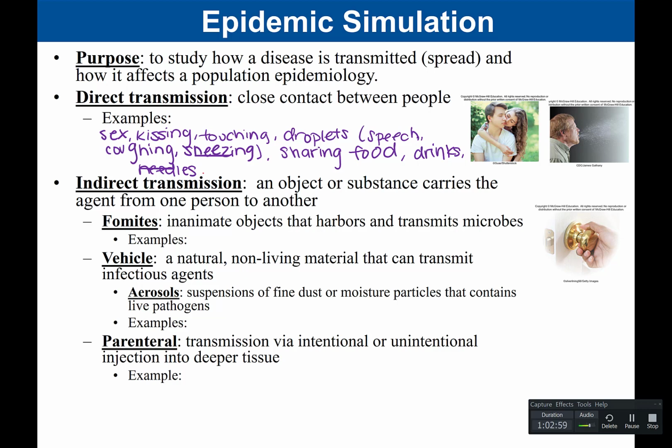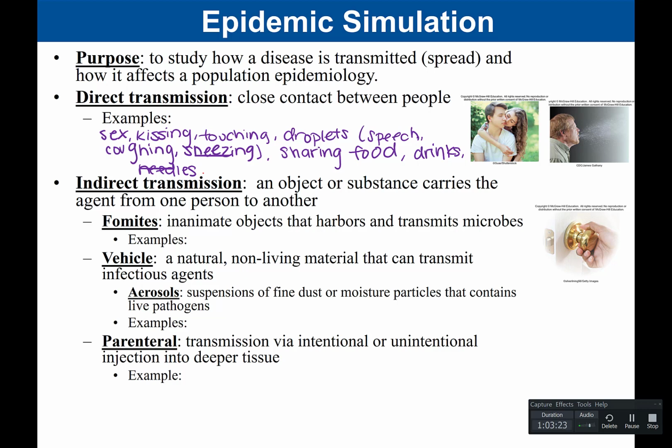In terms of indirect transmission, an object or substance carries the agent from one person to another. An example of this would be fomites. And a fomite, just in case you've never heard this term, is an inanimate object that harbors and transmits the microbes.